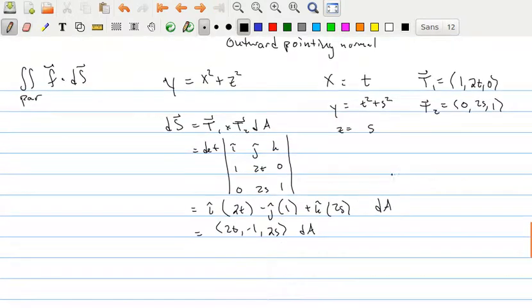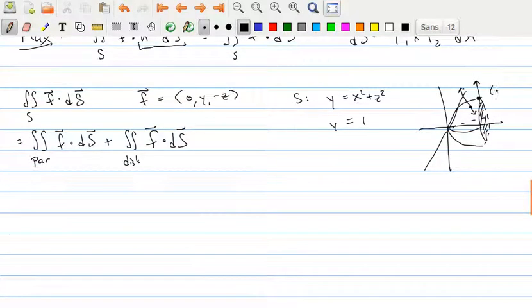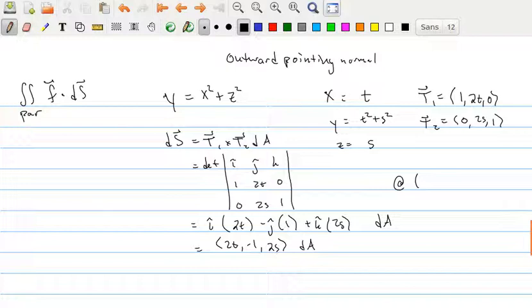At this point, x equals 0, y equals whatever the y value is, and z equals 1. So we want to plug t equals 0, s equals 1 into the formula for our normal vector, to make sure it's pointing in the right direction.